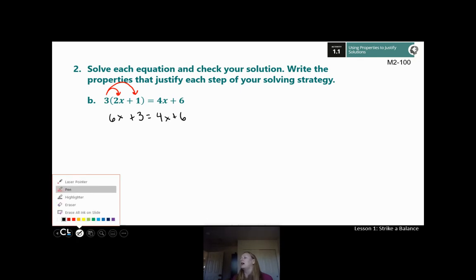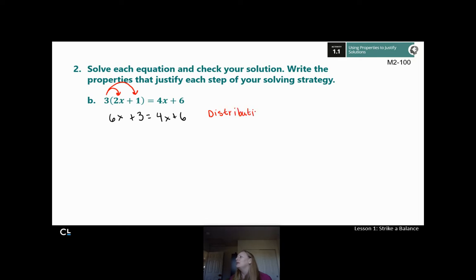Which means I distributed that 3. We just used the distributive property. All right, so that looks much better already using the distributive property.